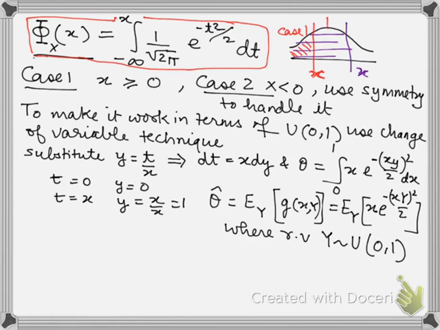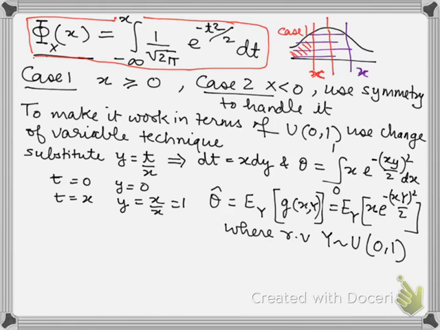It could be greater than 0 or less than 0. So we work on our case when it is greater than 0, and then we will just use symmetry to figure out the area on the left tail, or basically the cumulative distribution function when x is less than 0.